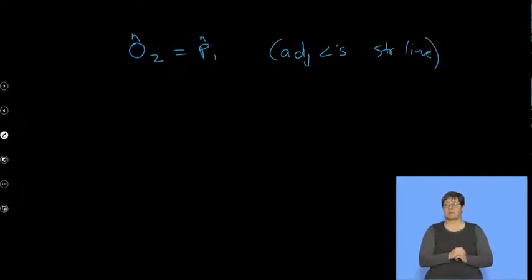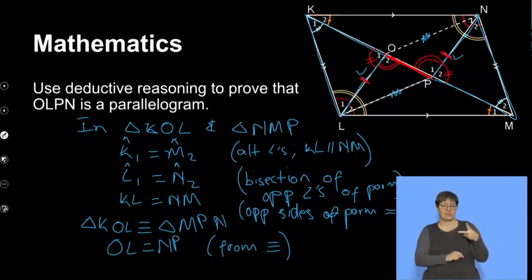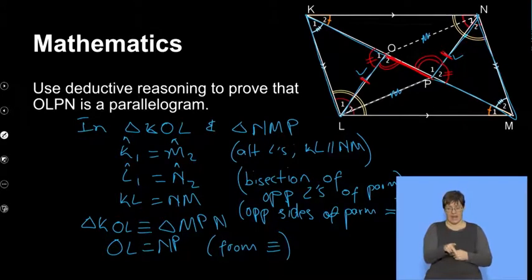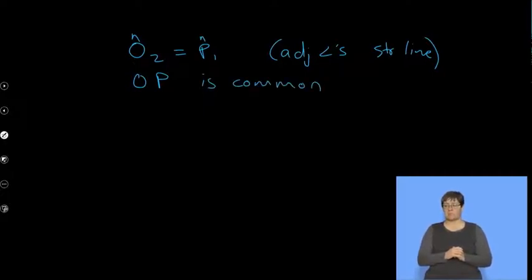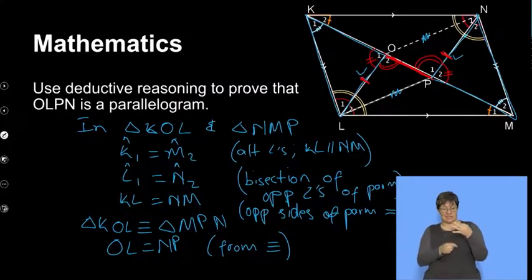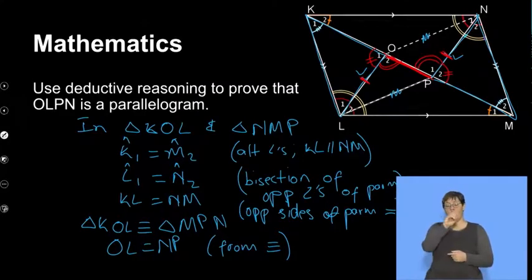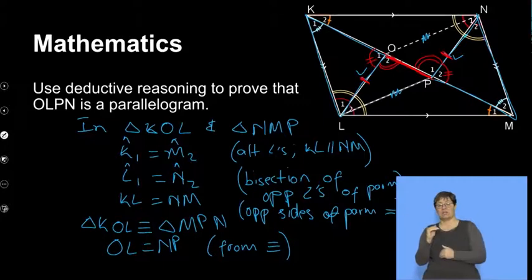And then from there, what else do I know? I know that OP is a common side. So OP is common. And then the last thing that we want is to say OL is equal to NP.